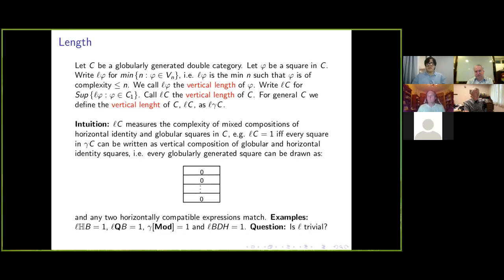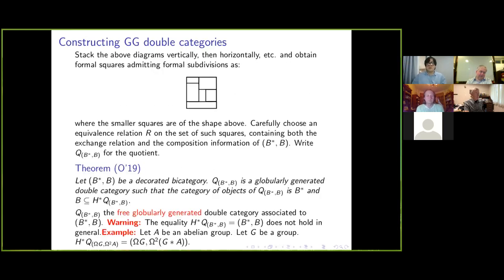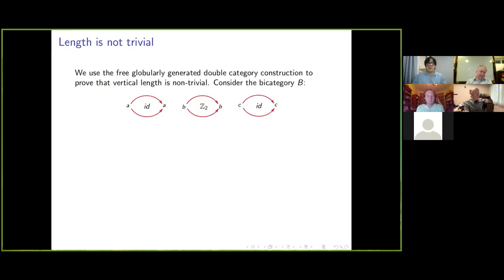But essentially what you try to do is to reconstruct the vertical filtration formally from the data of your decorated bicategory. This is not an internalization in general, but it gives you a globularly generated double category. And through this construction, I could construct a globularly generated double category of length 2. And then that extended to globularly generated double categories of length n for every n and of length infinity.